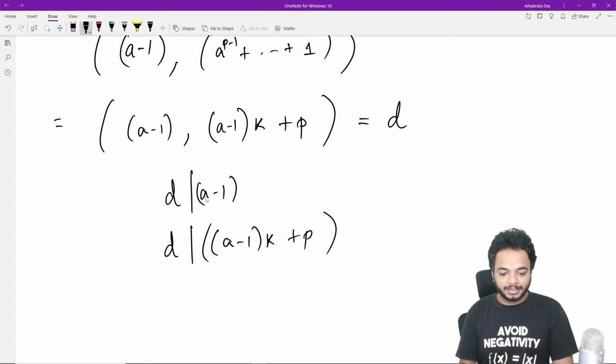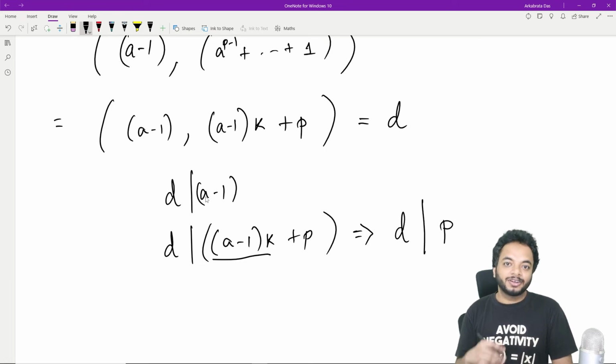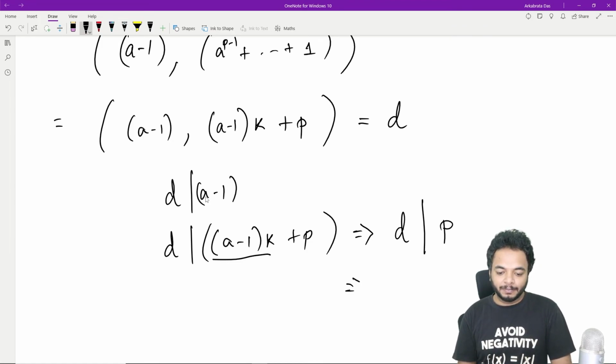Since d divides the whole thing and also divides the first part, it implies that d should also divide p. It's given that p is a prime. So d, the GCD of these two numbers, can be either 1 or the prime number p, and thus we are done.